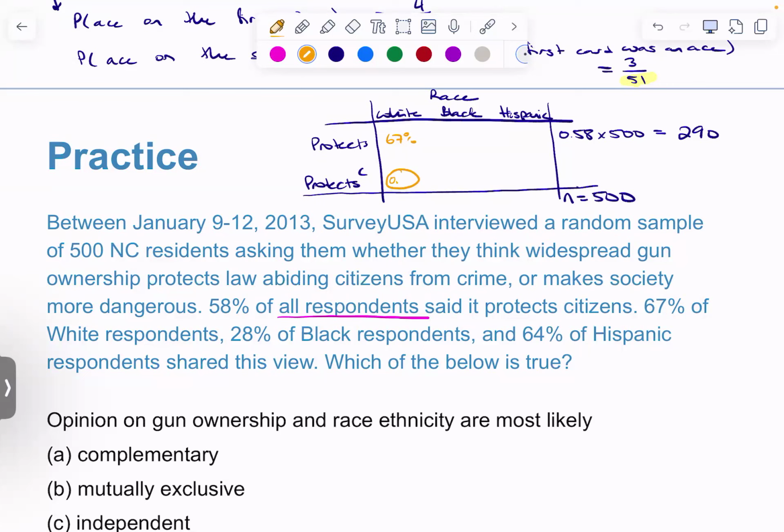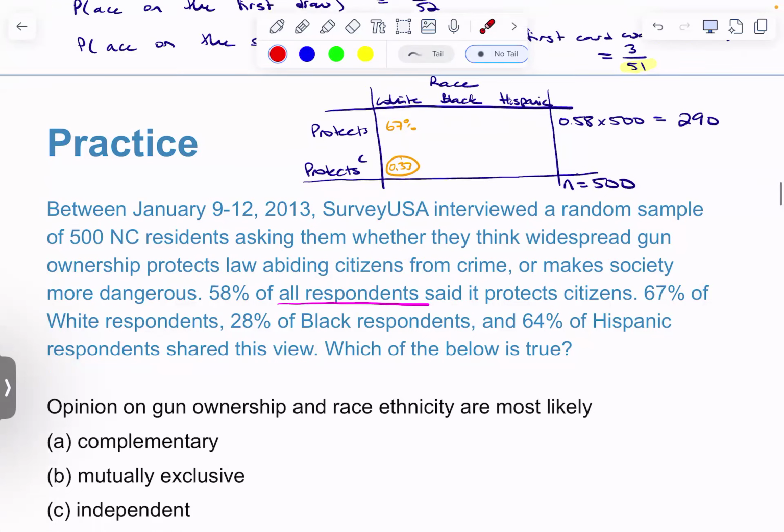So this puts you at 0.33 or 33%, I guess I should say, because it's out of the white respondents. And so that means that these totals have to add up to the overall white respondents. You don't want to be adding across here because it's not going to work that way.